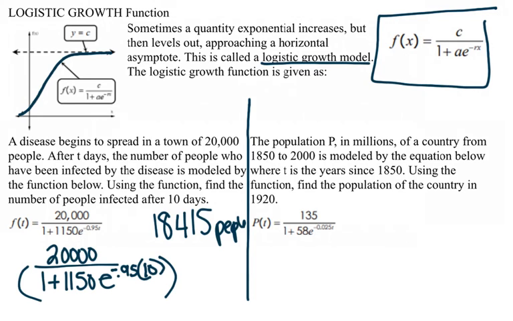Okay, I'm embarrassed. So, the population P in millions of a country from 1850 to 2000 is modeled by the equation below, where t is the number of years since 1850. Using the function, find the population of the country in 1920. So if you do 1920 minus 1850, that's 70 years you're talking about.